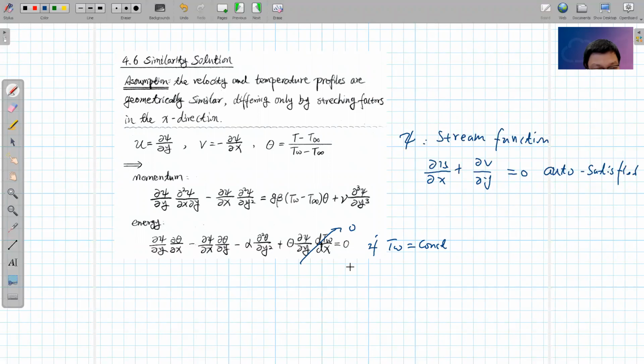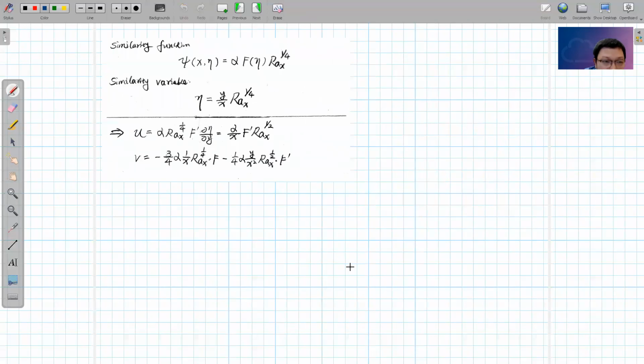Now the next task is to find the similarity variable. We assume the stream function phi will be equal to alpha times f of eta times the Rayleigh number to the power 1 over 4, where the similarity variable eta will be y over x times the Reynolds number x to the power 1 over 4.